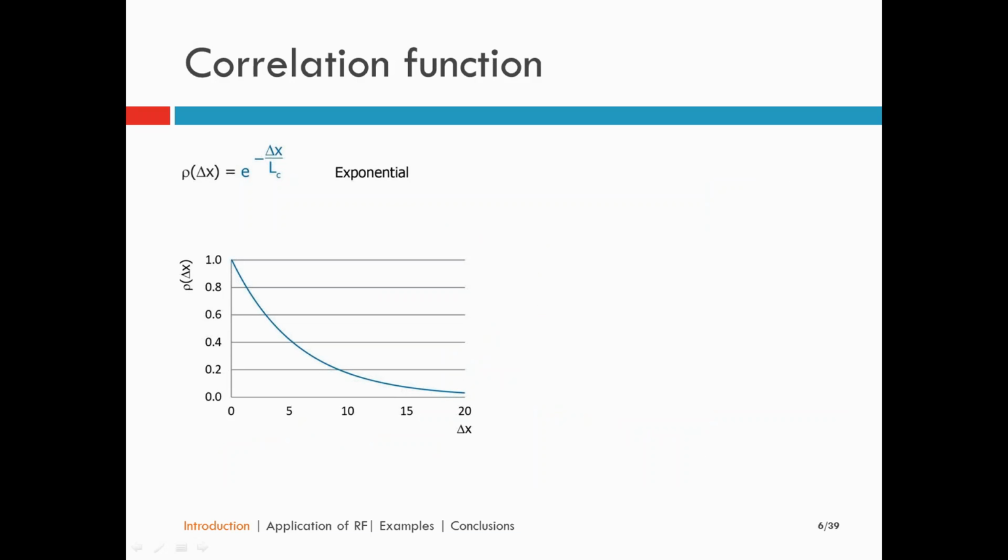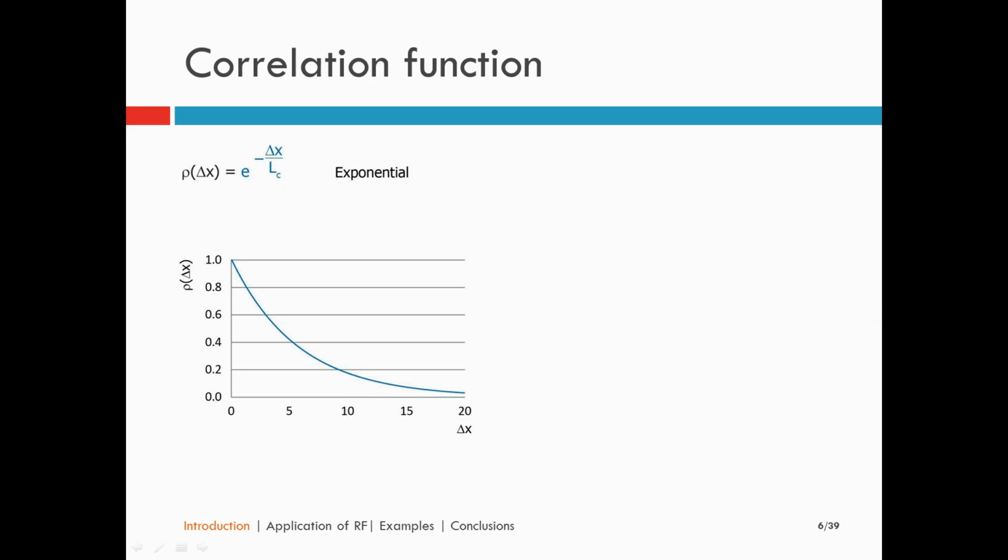Now we will talk about the correlation function. This function, as I showed earlier, describes the correlation within the field. Here you see one correlation function which is used often for concrete, and it's called the exponential correlation function.